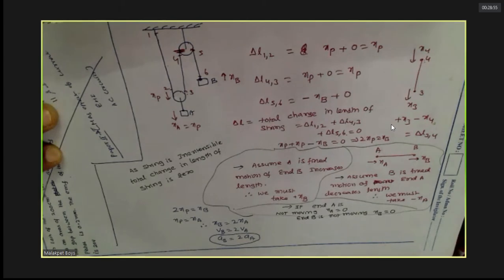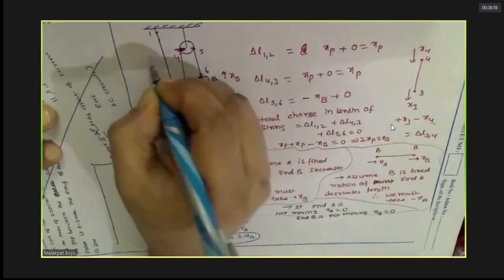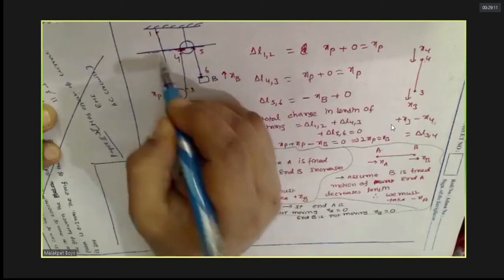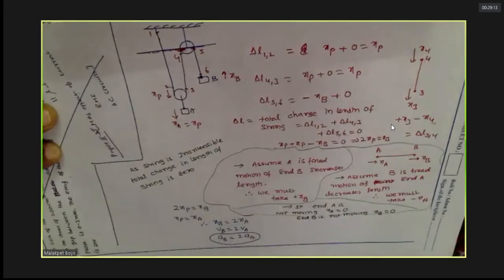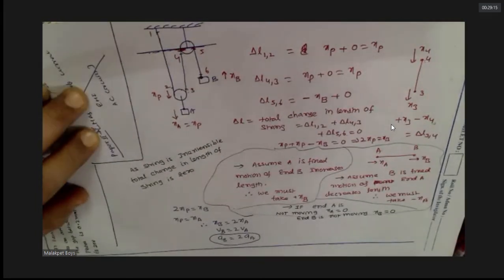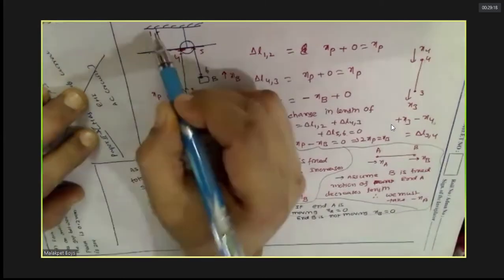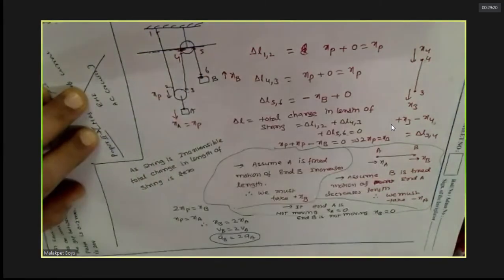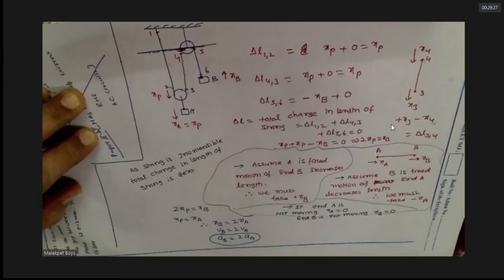As far as this portion is fixed, this length and this length are not equal. I'm taking the reference line from here. These are fixed anyhow. Upon differentiation, that will become 0. Any constant length of the string makes it 0 or not?